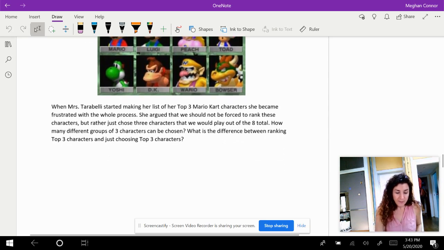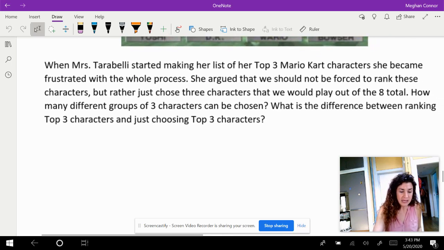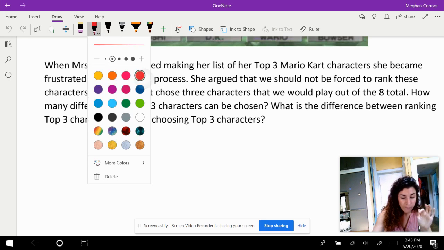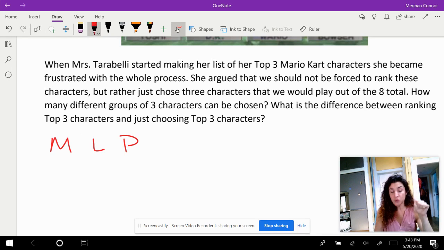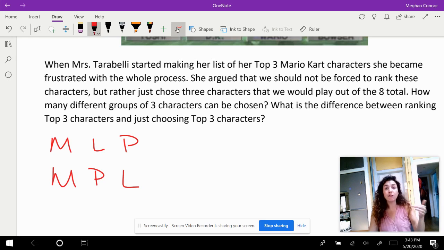So what's the difference between ranking them first, second, and third, or just picking 3 randomly? For instance, if we were picking top 3, let's just do Mario, Luigi, and Peach. So we could do Mario is first, and then Luigi, and then Peach in terms of ranking, or Mario, and then Peach, and then Luigi would be a different ranking, right? In this case, Peach is the second best, and Luigi is the third best.